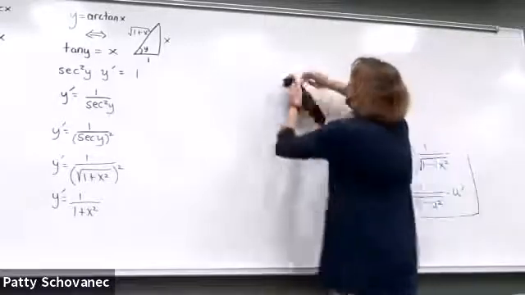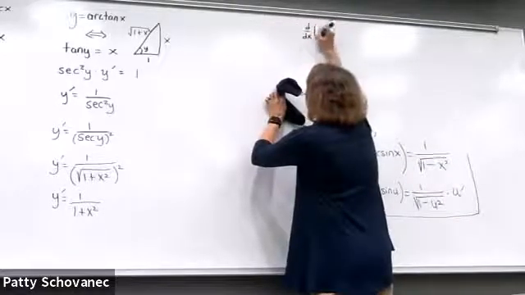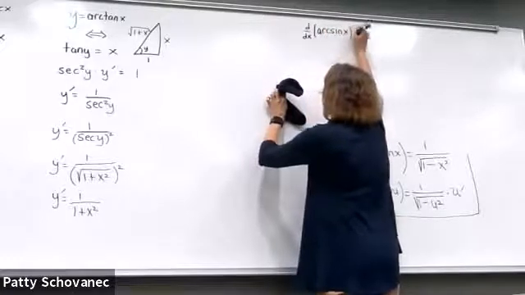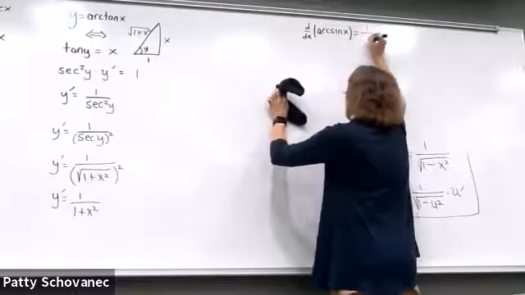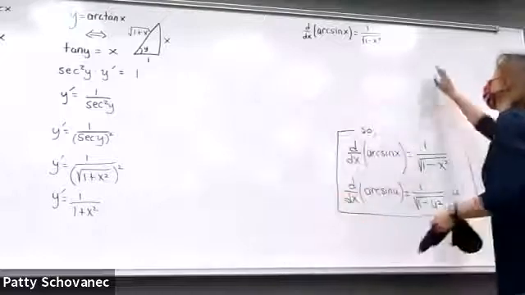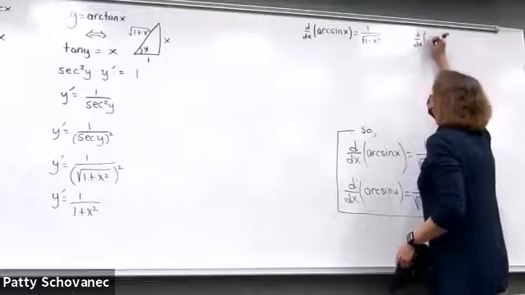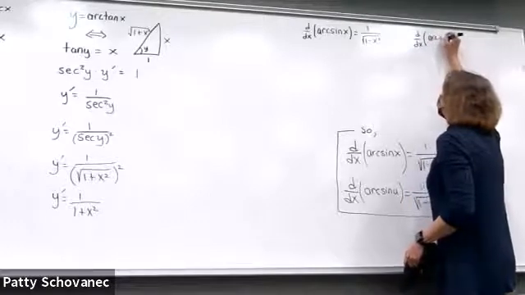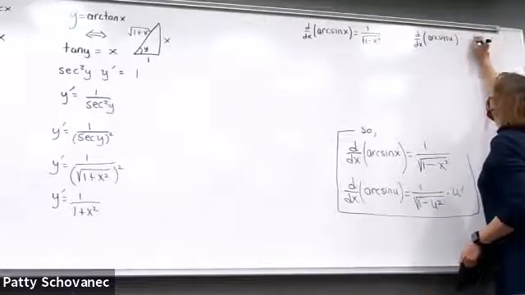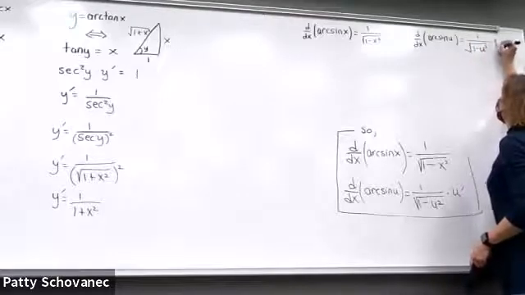So what we have so far is that the derivative with respect to x of the inverse sine of x is 1 over the square root of 1 minus x squared. But the general version of that says that the derivative with respect to x of the arc sine of u is 1 over the square root of 1 minus u squared times u prime.